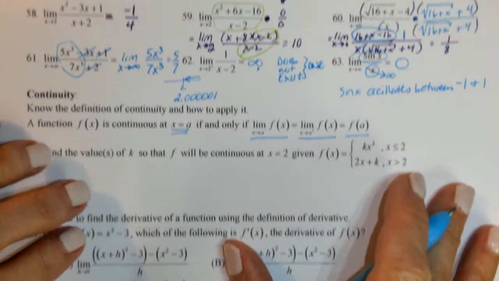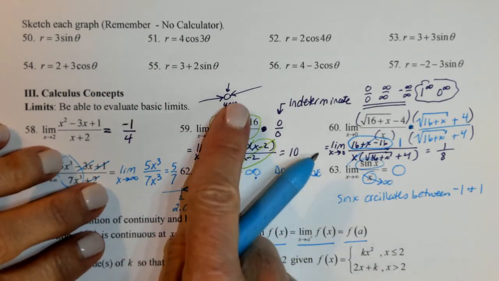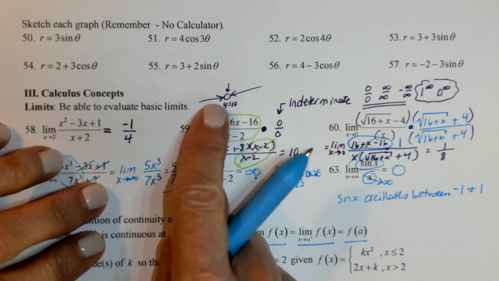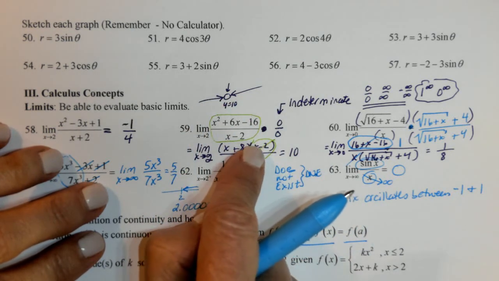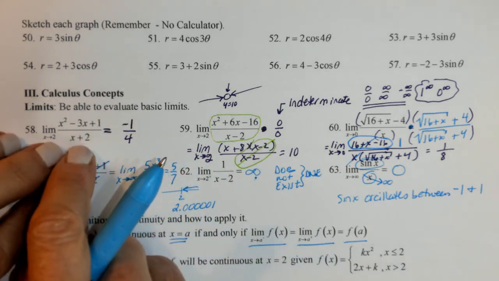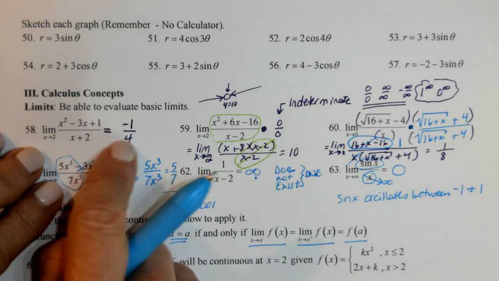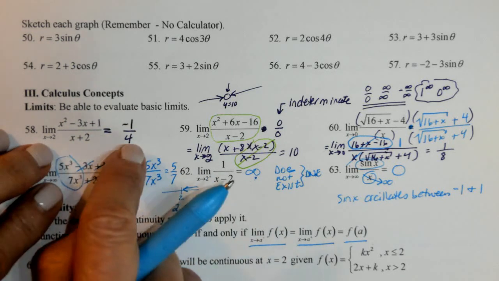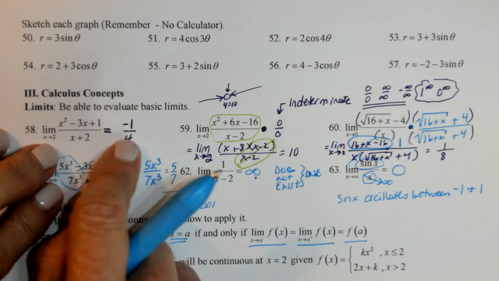So up here in number 59, when we had this hole, remember we had that hole? This would not be continuous because we have a hole when x equals 2. This is continuous at x equals 2 because we just got a number there. The limit from the left was equal to the limit from the right, and that's equal to the function value. Nothing funny is going on there.